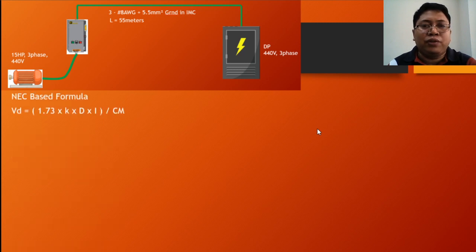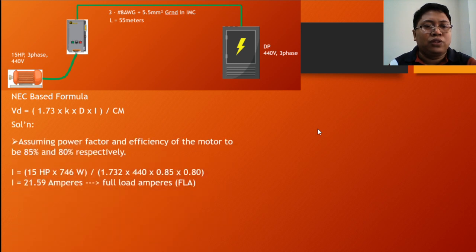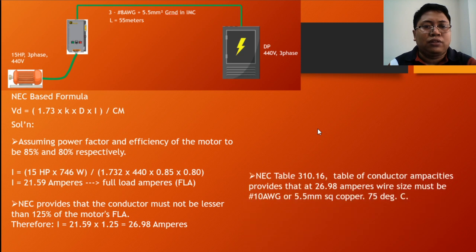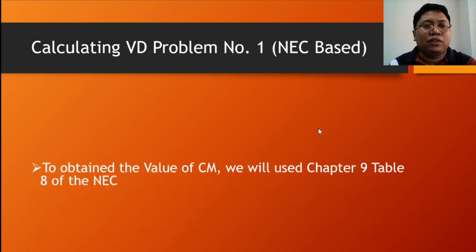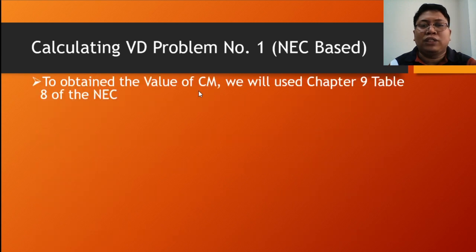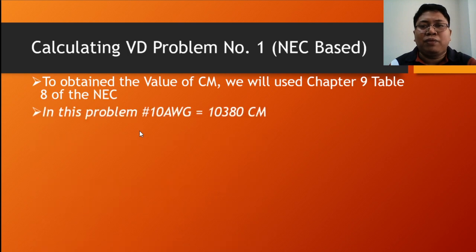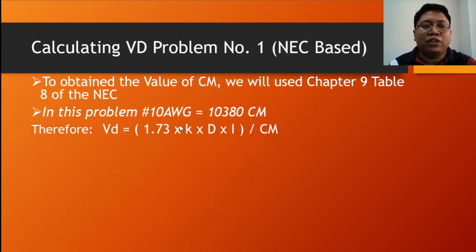Using the NEC base formula, 1.73 multiplied by the K, multiplied by the distance and the current, all over the area of the cable or circular mill. So we have the solution. Same approach. Dito nadagdag lang yung value ng CM. We will use chapter 9 table 8 of the NEC. This problem, number 10 AWG, which is equal to 5.5 mm squared, the value is 10,380 circular mil.